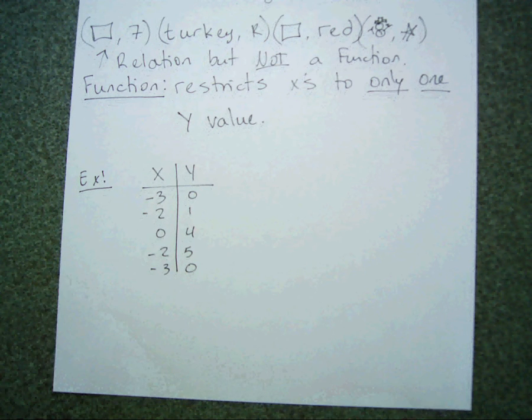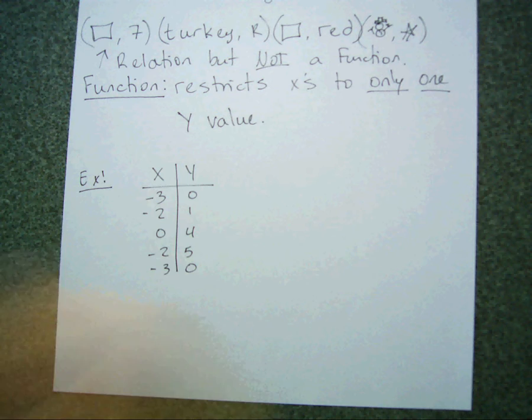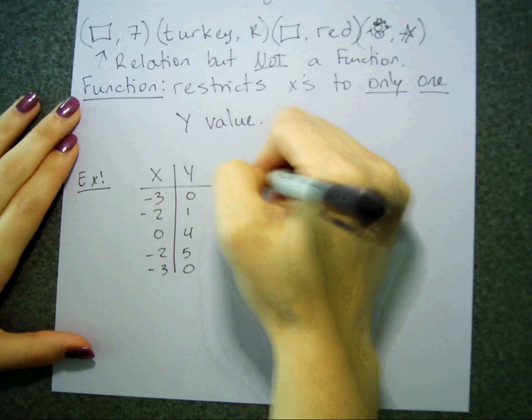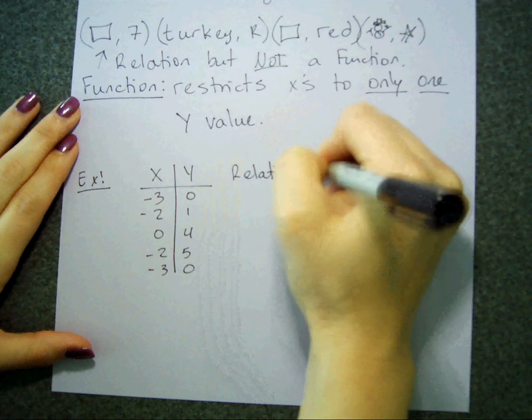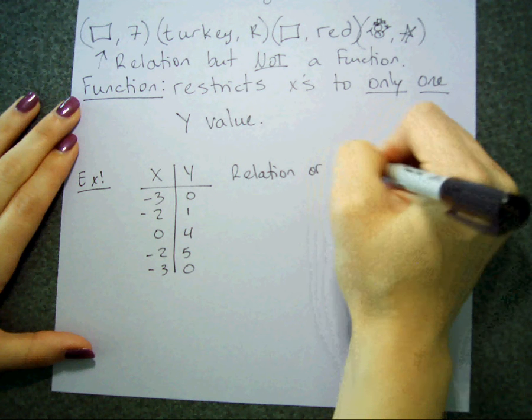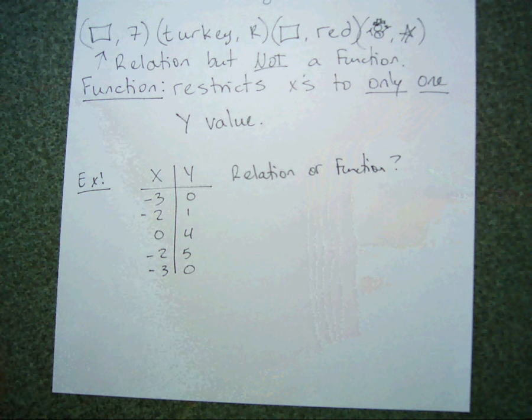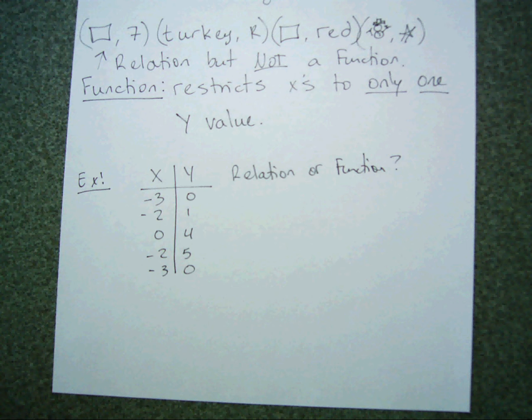And I want to know, is it a relation or is it a function? It's a relation. Actually, that's bad wording, because again, every function is a relation. But that's okay. It's a relation. Why is it not a function?